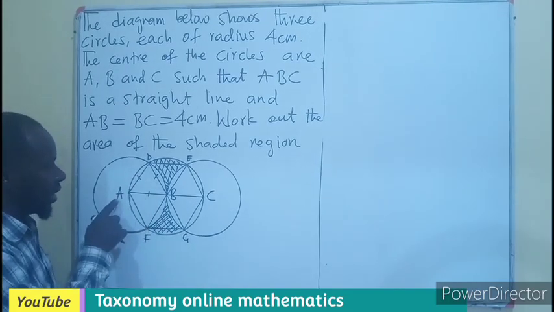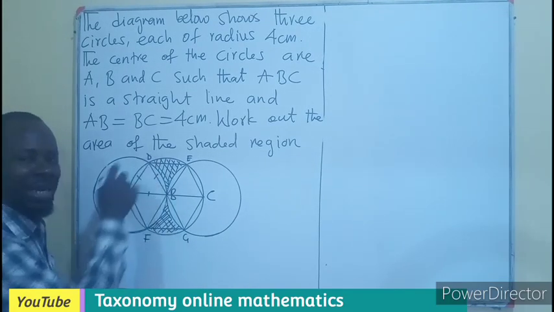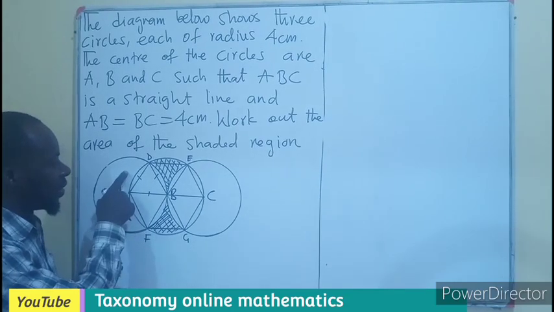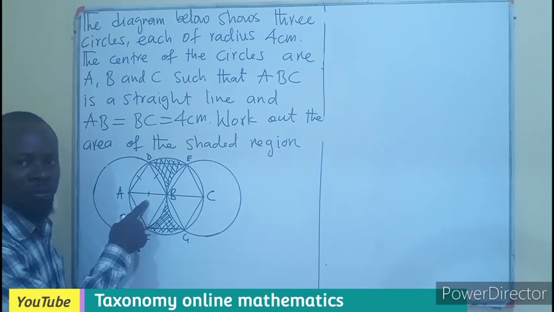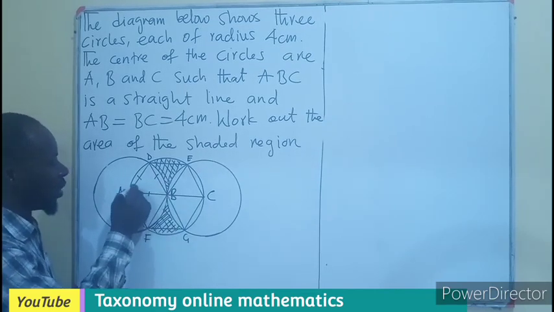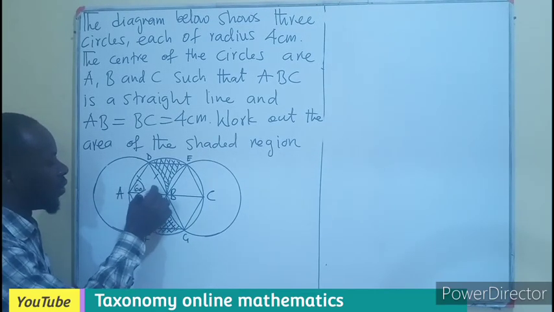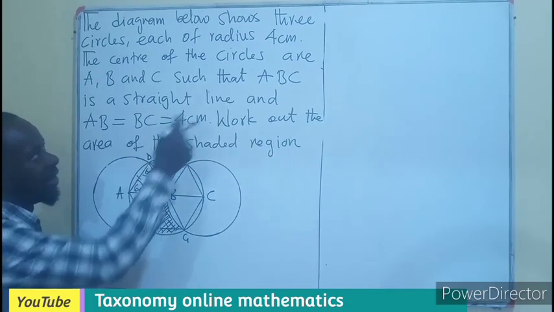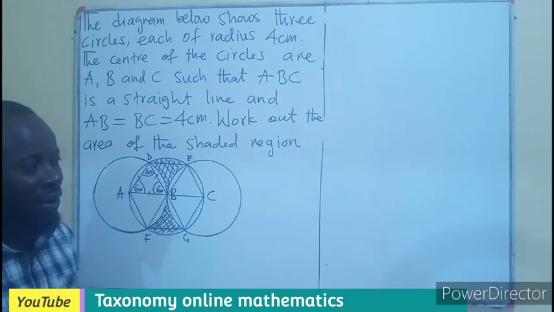So I will take triangle ABD. That will be an equilateral triangle because the sides are equal. Since the sides are equal, each angle will be 60 degrees, and the sides are already 4 centimeters.